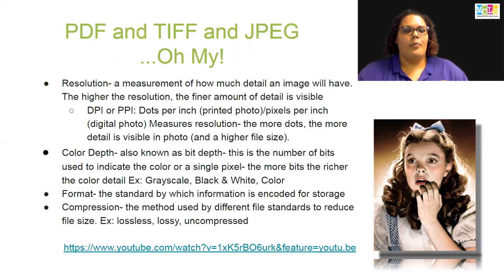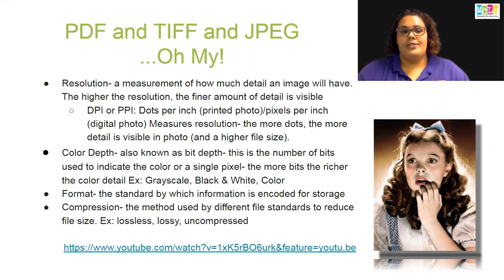So the more bits, the richer the color detail. When you're talking about black and white, it's just black and white. But when you have grayscale, you're adding more different tones. So there's more bits. And then when you get into color, there's a lot more bits, and you're getting into higher file sizes.